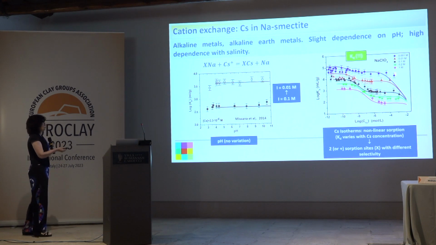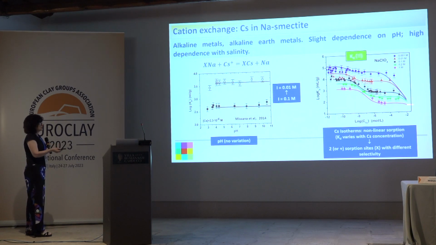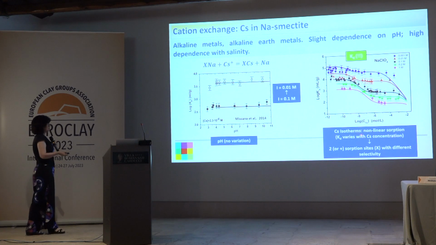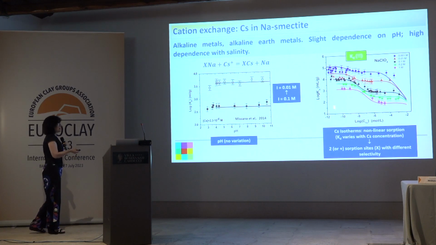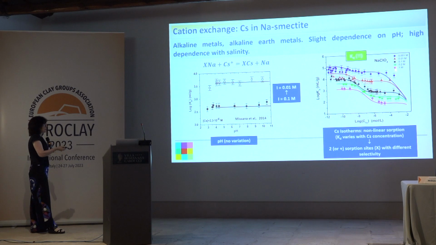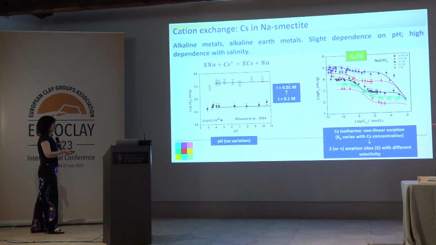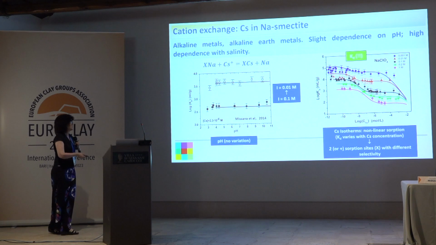So here I want to observe that one cannot define the behavior of cesium in clay with only one Kd. We need to be able to model all the variation. This is the example of the variation of the Kd with the cesium concentration and different ionic strength. In that case, we can see that the cesium adsorption is not linear, which means that there is more than one adsorption site with different selectivity that determines this behavior.